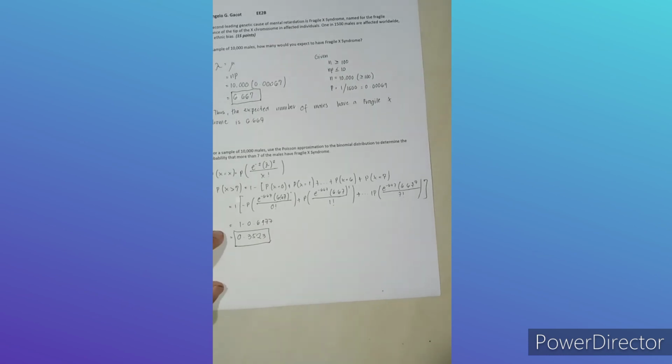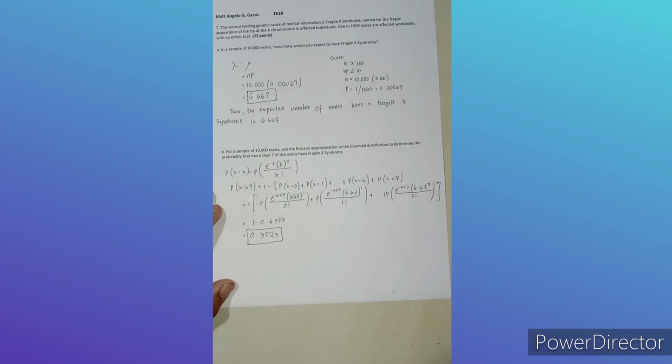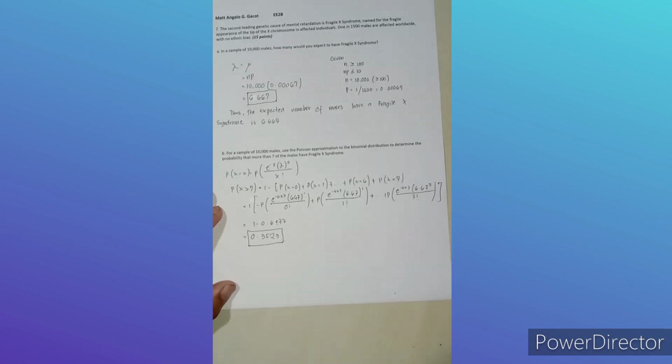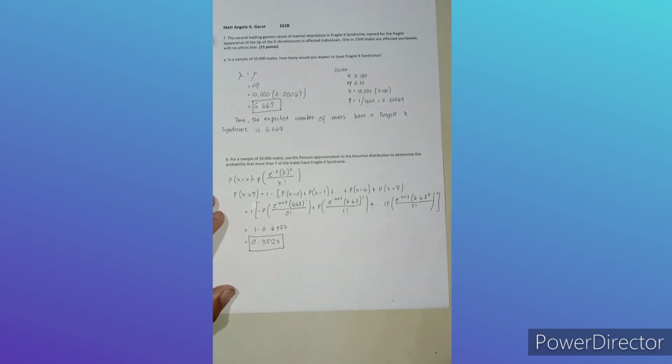So, we got 1 minus 0.6477. We got the final answer of 0.3523.